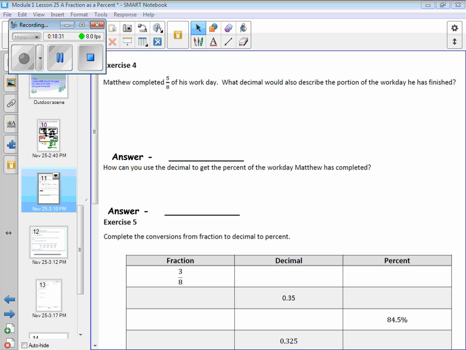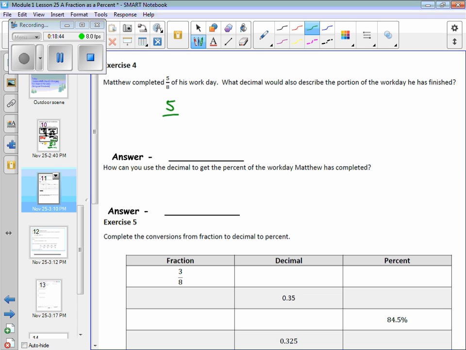Okay, here are the answers for page 7 in the booklet. 5/8 has to be done by long division. When you set it up, 8's outside the house, 5.00 will go in. And when you go through the long division process, you get 0.625 as a decimal.